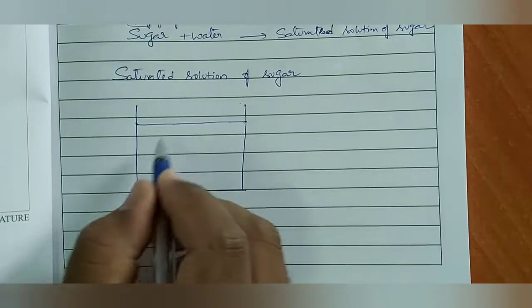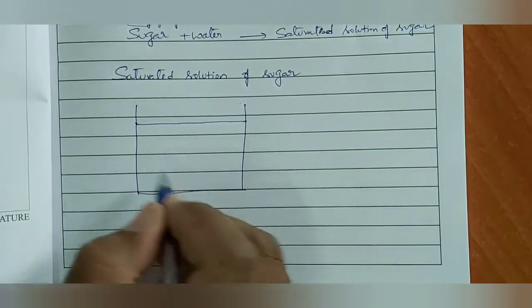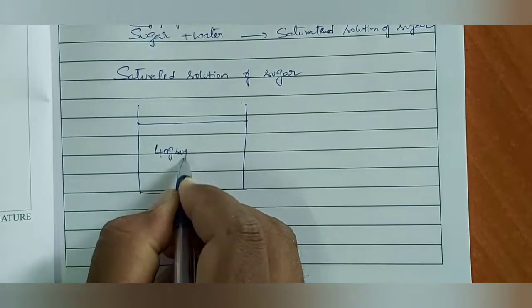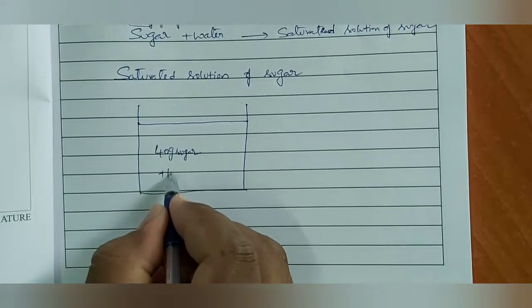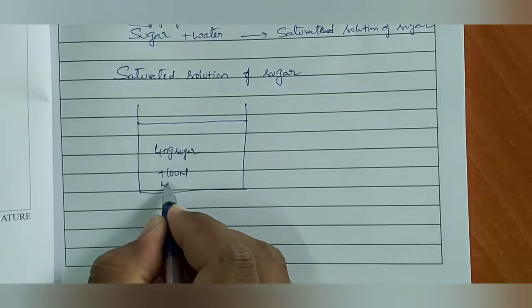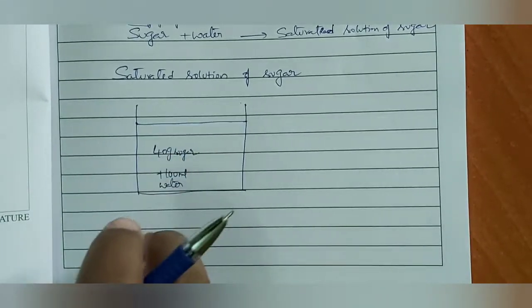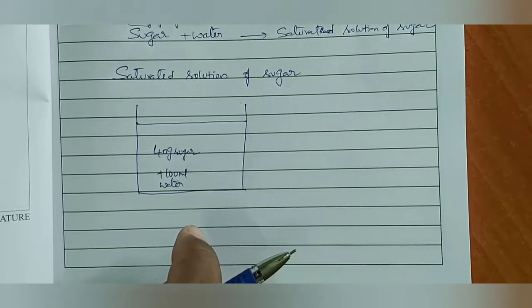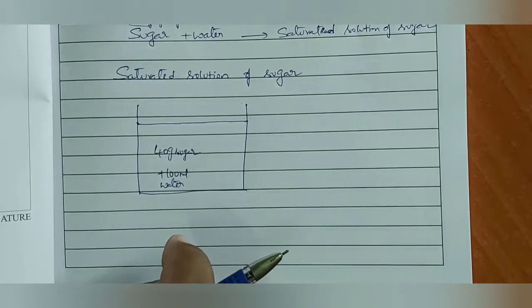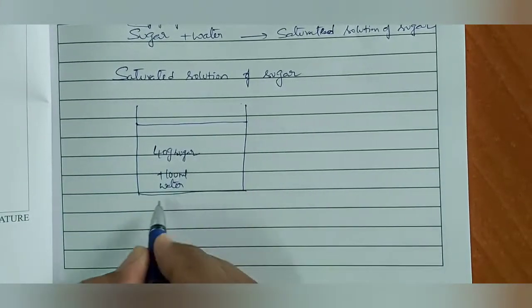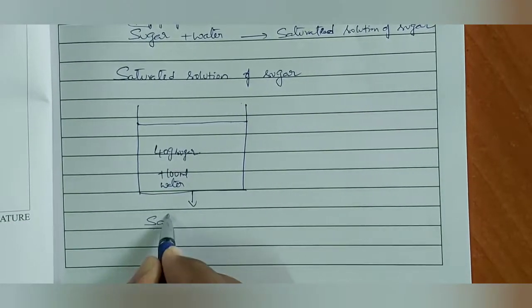Now this is called a saturated solution of sugar, 40 grams of sugar plus 100 ml of water. This 40 grams of sugar is in dissolved state. Up to that, is it clear? This is called a saturated solution of sugar.